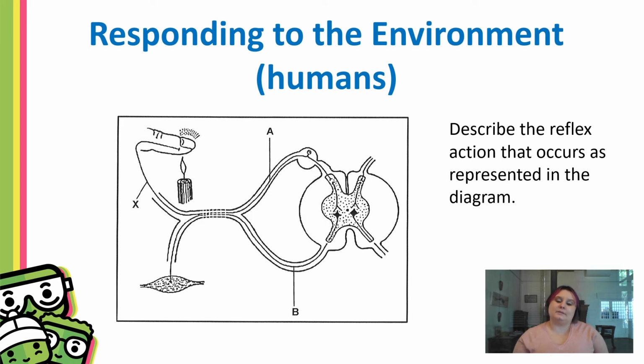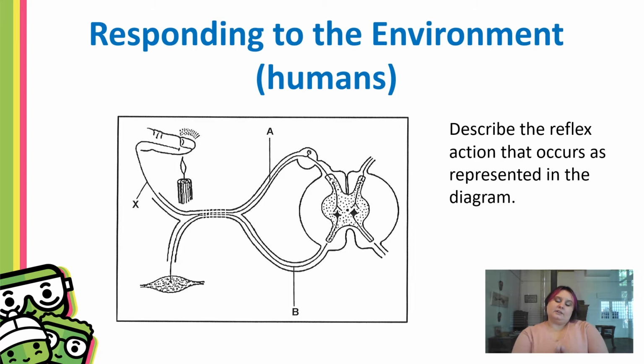What happens then is this nerve impulse is transmitted from the sensory neurons that have entered the spinal cord across the synapse to the interneurons or connector neurons. And these are the neurons inside the spinal cord, inside the gray matter in the spinal cord.